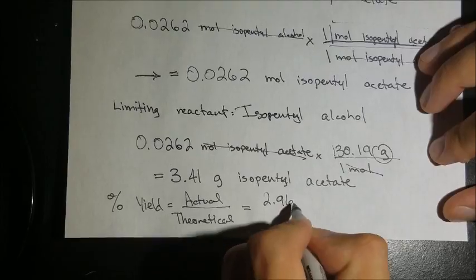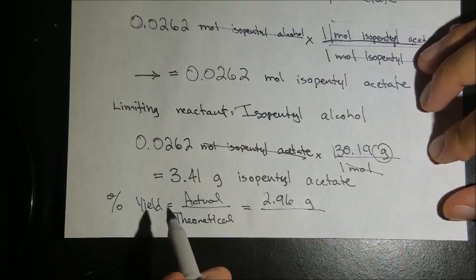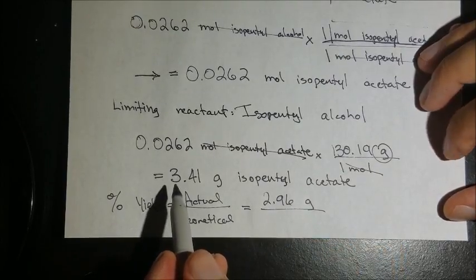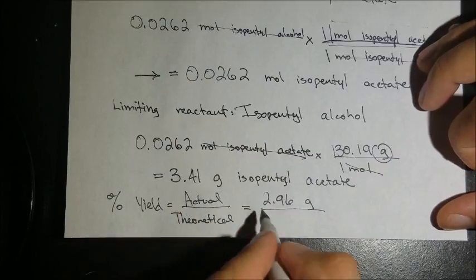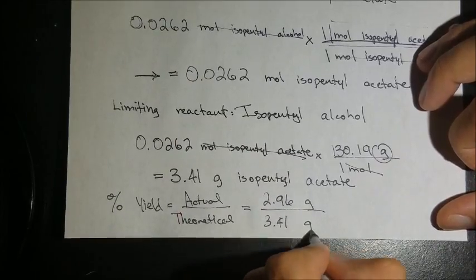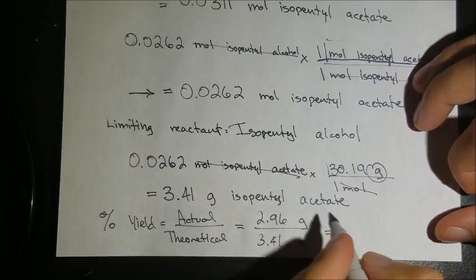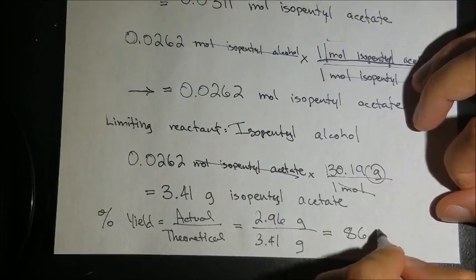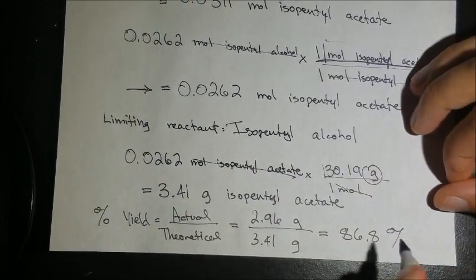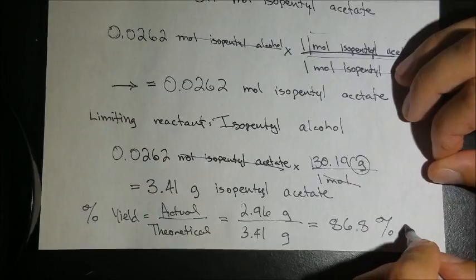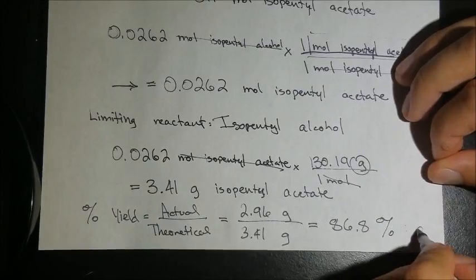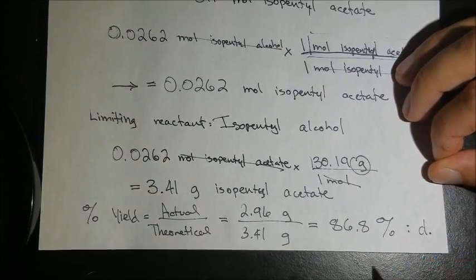That's 2.96 grams, and the theoretical yield was 3.41 grams. And if we do this out, we get 86.8%. And that corresponds to D. So the answer for number 3 is D.